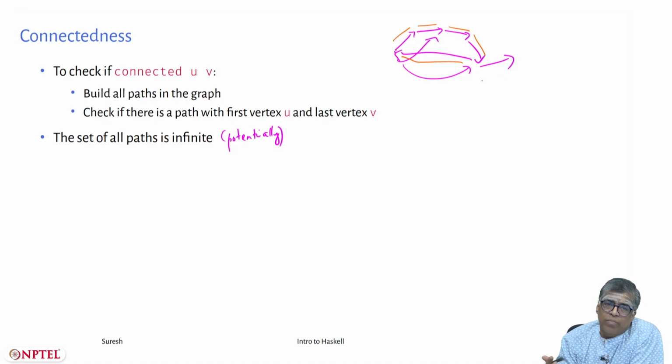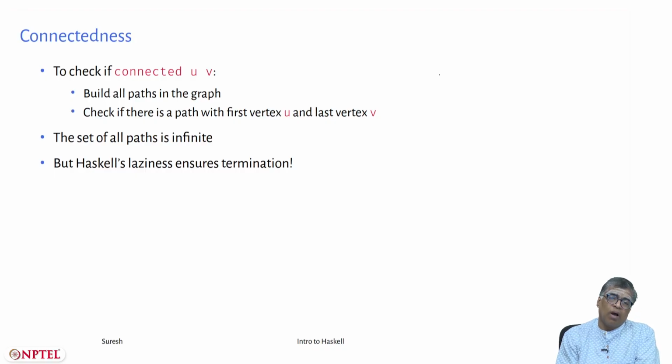So potentially speaking, there are infinitely many paths because you can go around such cycles any number of times as you want. So how do you solve this? Here is the nice thing: we'll show how to use Haskell's laziness to ensure termination.